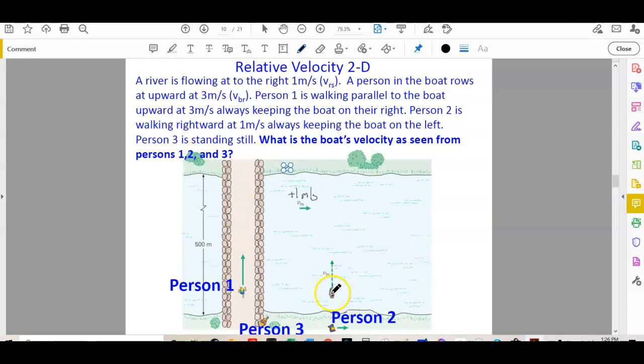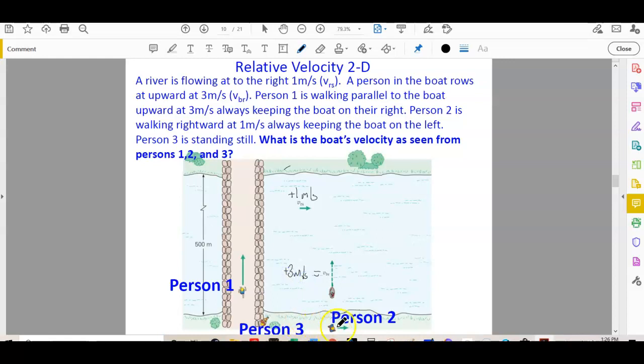You have a person who is paddling their boat, rowing straight upwards at a speed of, and I'll put the speed over here, 3 meters per second.